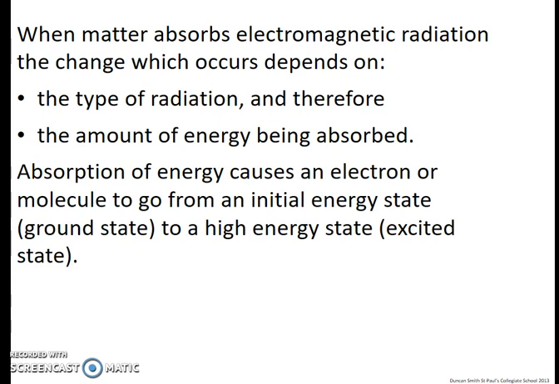When that energy is absorbed, it can cause an electron or a molecule to go from a low energy state to a high energy state. So we've given it energy. It's kind of like you drinking a V, and all of a sudden you go from your regular low energy state to some sort of higher excited energy state, and you'll bounce around in that high energy state until the energy runs out, and then you'll fall back down to your low energy state again.